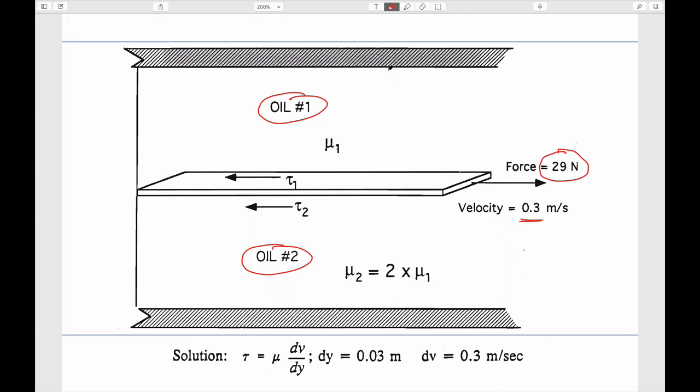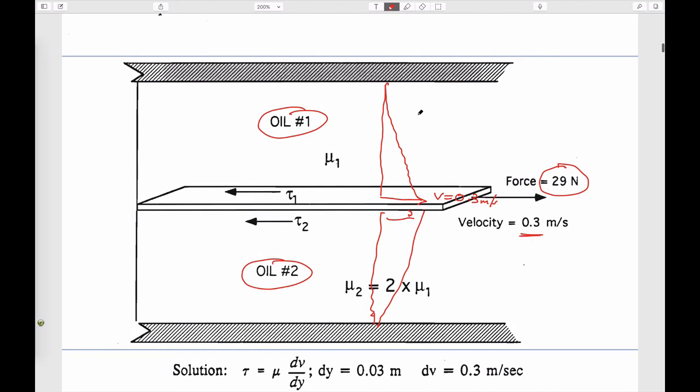Well, you could draw yourself a little velocity diagram that says on this plate we're pulling at a velocity equal to 0.3 meters a second. If it's anchored at the top, then that velocity has to vary linearly down through here. Likewise, in the lower fluid, the velocity through this has to be going at the same velocity here.